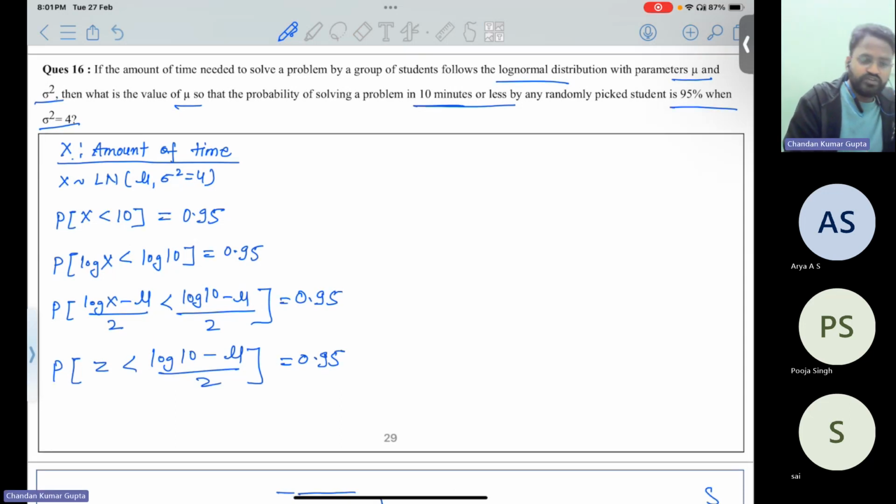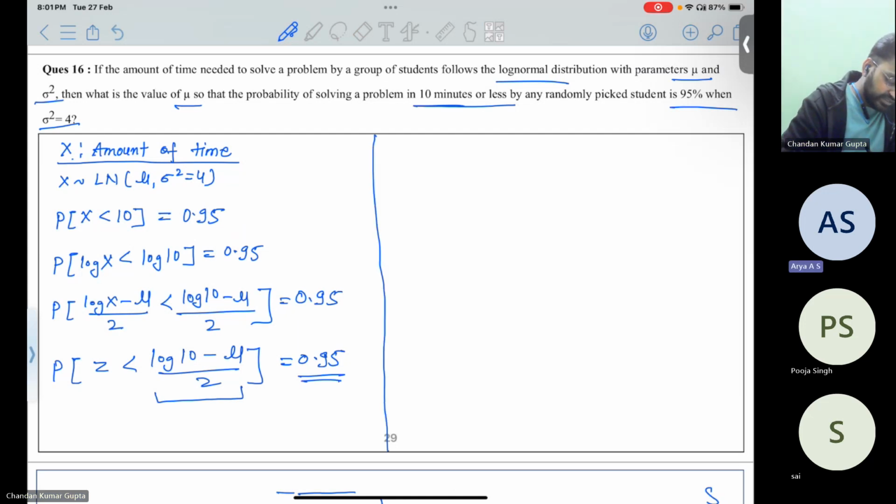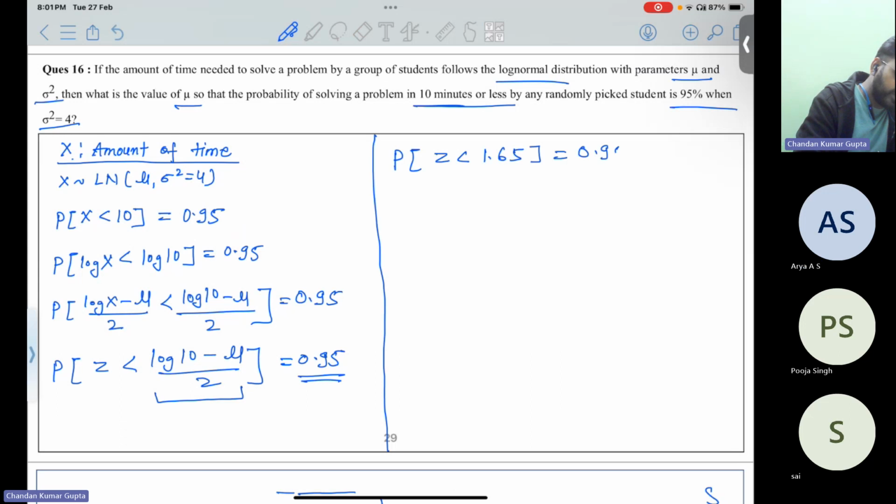Okay, now we will use a normal table to check the value for which the probability is 0.95. From the table, we will find that the probability that Z is less than 1.65 equals 0.95.